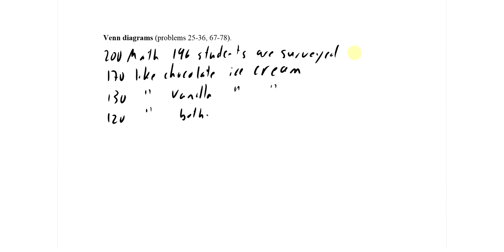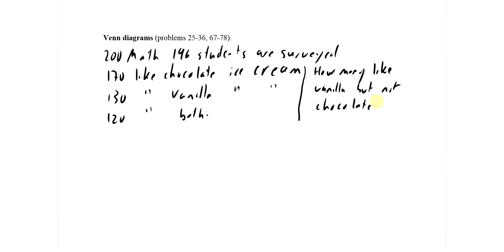And then there's all sorts of questions we can ask about our survey of students. How many like vanilla but not chocolate? For example. Or how many like chocolate but not vanilla?